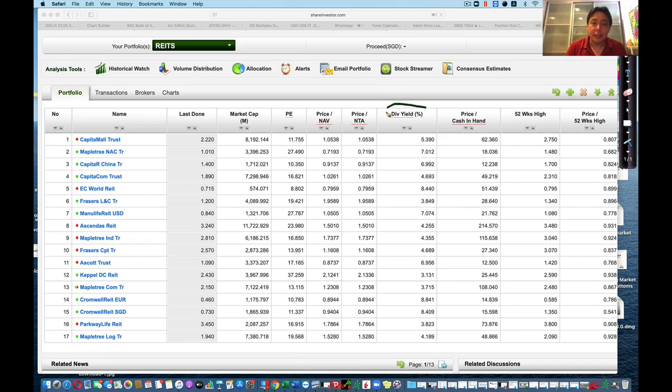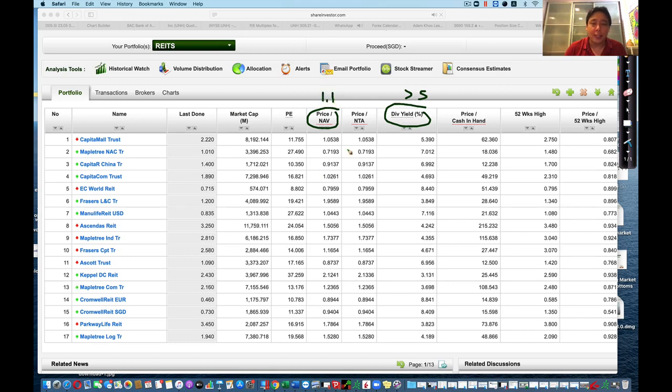First thing is the dividend yield and the price to book ratio, also known as the price to NAV ratio in the Singapore context. So I'm looking for yield of more than 5%, and a price to book or price to NAV of 1.1 ideally or less.